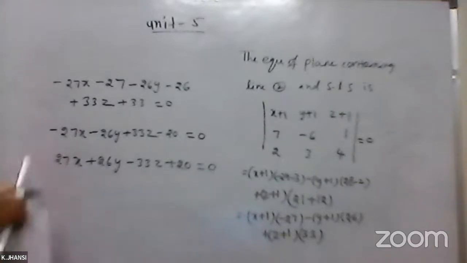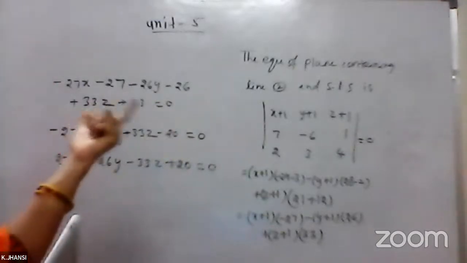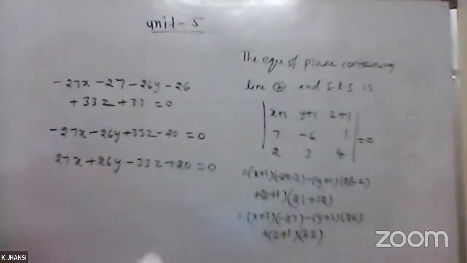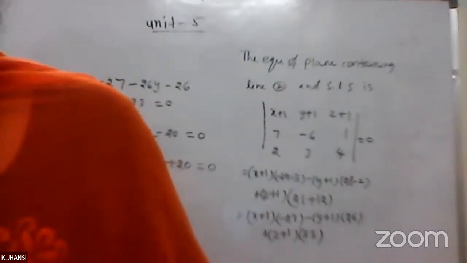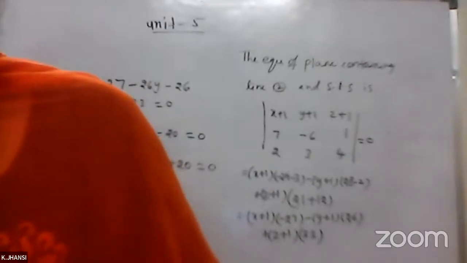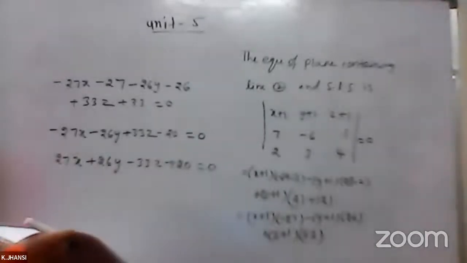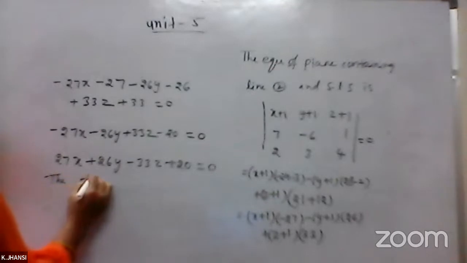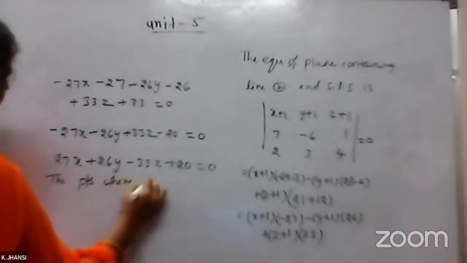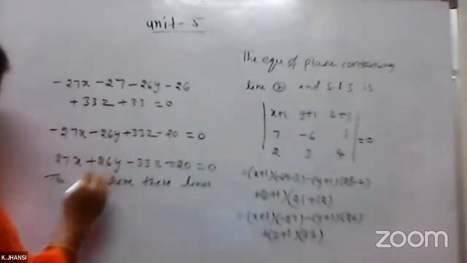So like this, you have to find the equation of the plane containing line 1 and the shortest line segment. Okay, so here we have one more question in the problem: find the points where the lines meet.